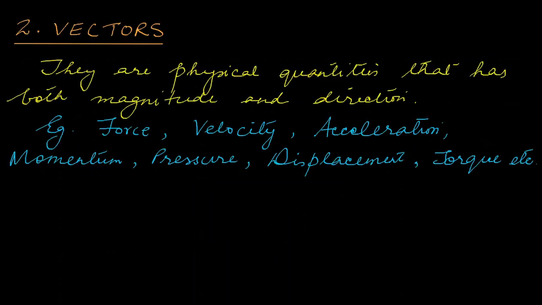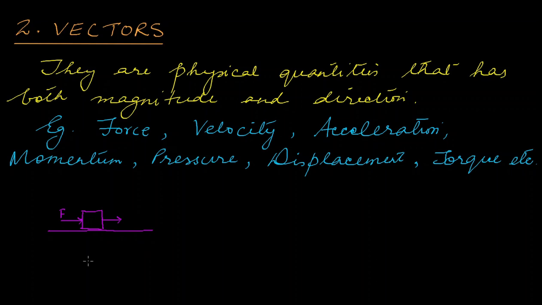On the other hand, vectors are physical quantities that have both magnitude and direction. For example, force. When you apply force to a body, let's say this body is on the floor. If you apply force to the body in that direction, then this body will move in the direction of the applied force. Yes or no?